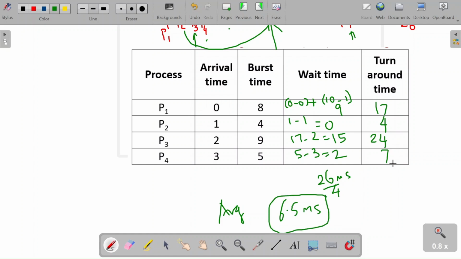What about the turnaround time when you add these? 17 plus 7 plus 24 plus 7, 52. 52 divided by 4, so the average turnaround time is 13 milliseconds. So this is the performance of your shortest remaining time algorithm.